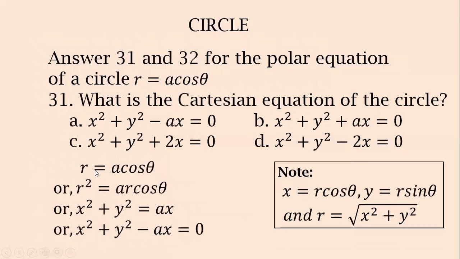So r is equal to a cos theta. Multiplying both sides by r, we are getting r square is equal to a r cos theta. In place of r cos theta, we put x, and in place of r square it is x square plus y square. So this is the equation of the circle, option A.